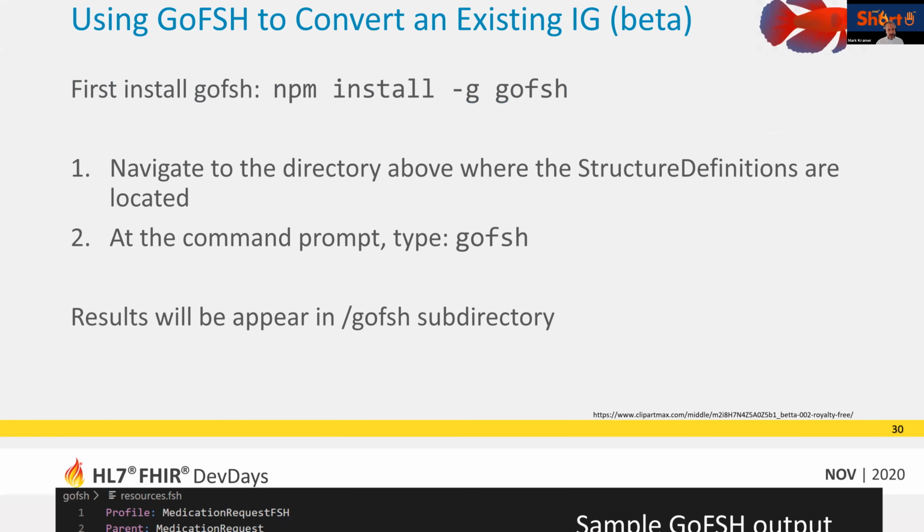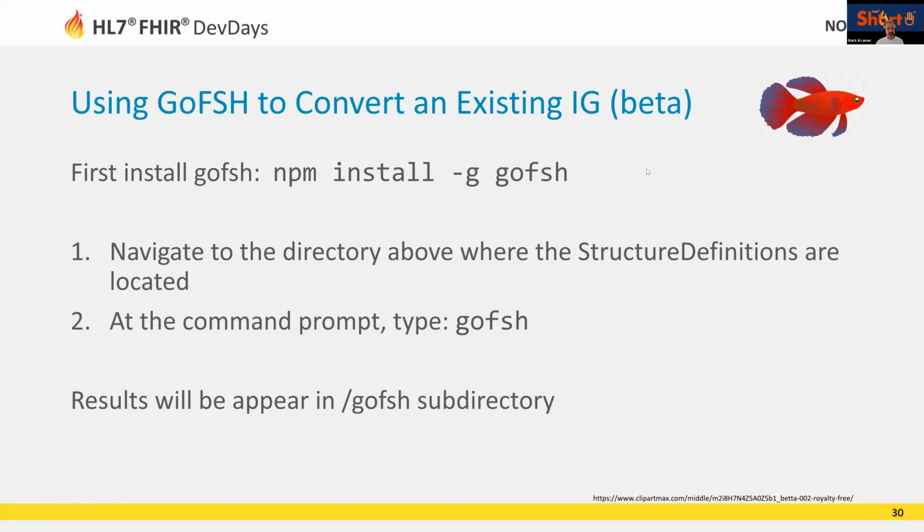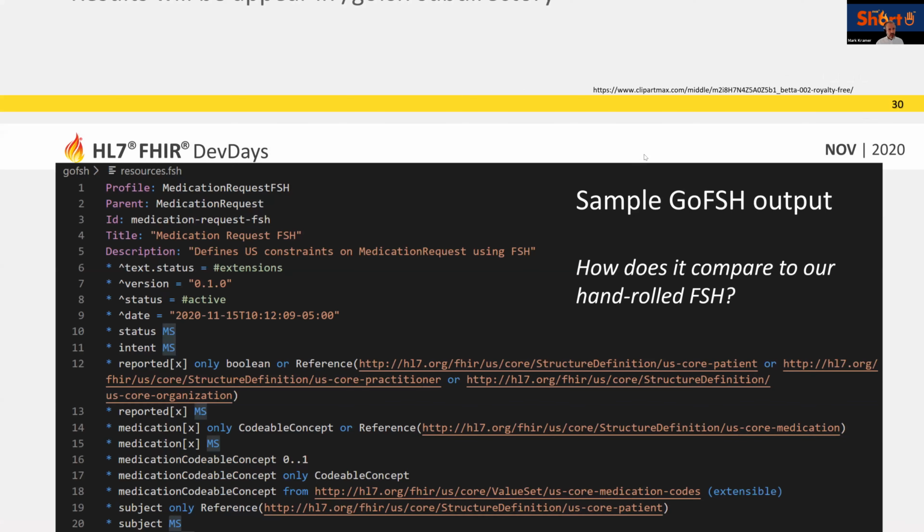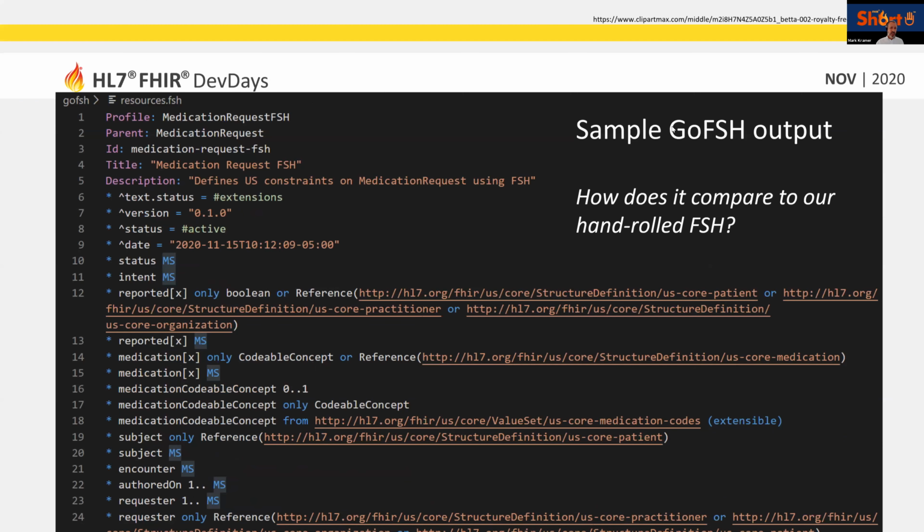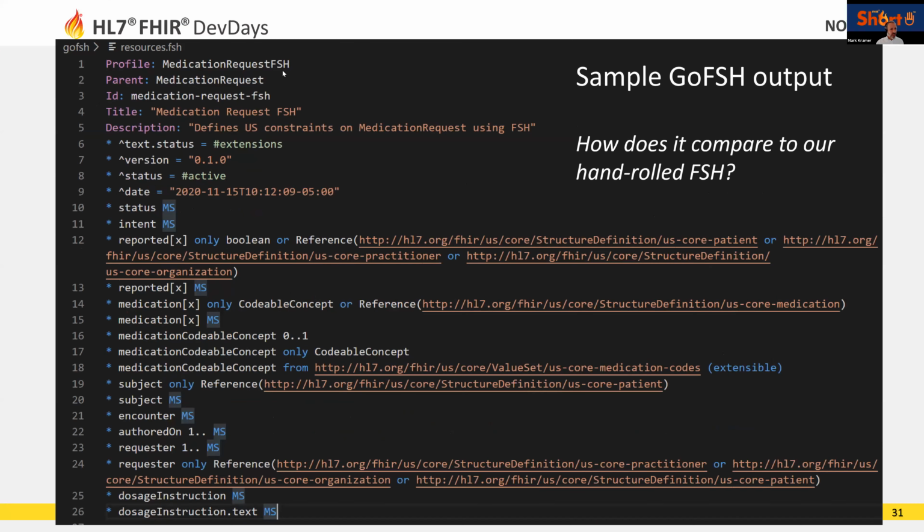Here's an example of GoFSH output where I took the US Core profile for medication. Actually, I just reverse engineered the medication request FSH JSON file through GoFSH.